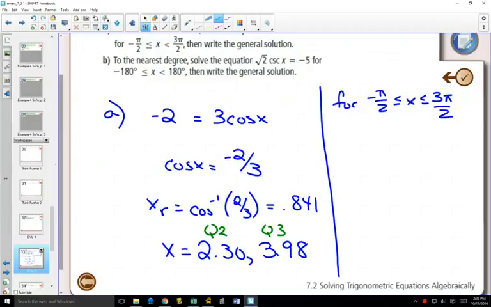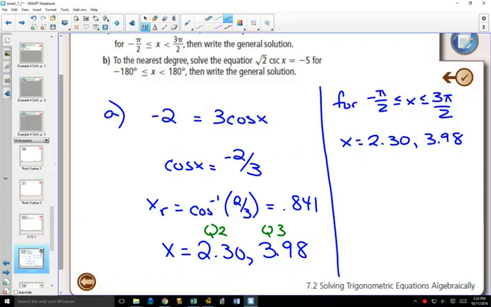So when they ask between negative pi over 2 and 3 pi over 2, our answers will be exactly the same, because that's an answer in quadrant 2, and this is an answer in quadrant 3. Sometimes you're going to have to rearrange your answers depending on what the domain is given, but in this case it happens to be the same.